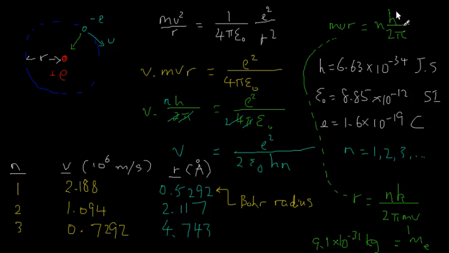We know that this relation comes from requiring that there's a whole number of wavelengths around the orbits.